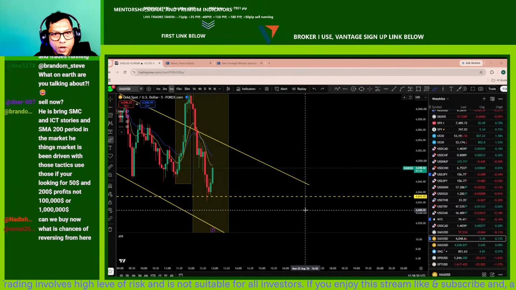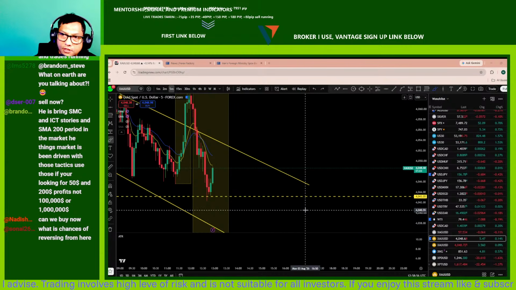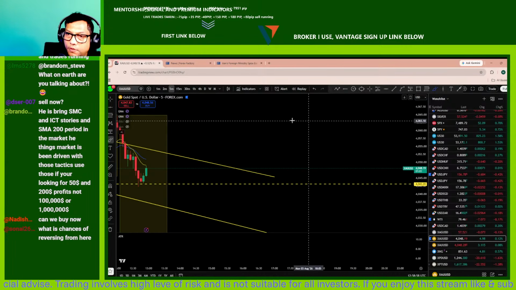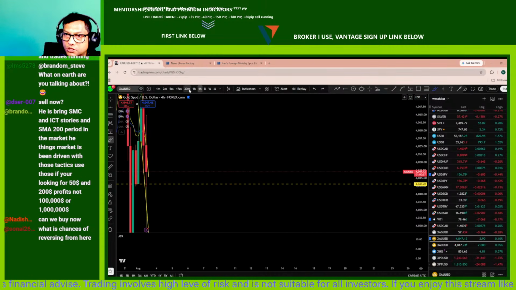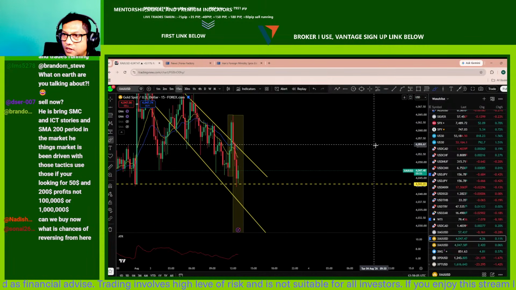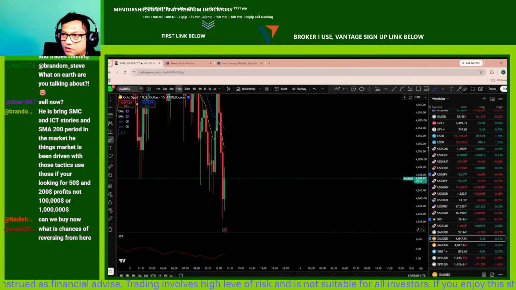All right, so sell now, not yet. We want to see that deeper pullback. Okay, but so far I'm looking at a possible selling opportunity unless we see a big shift in the market sentiment. But this is the 15 minute candle.